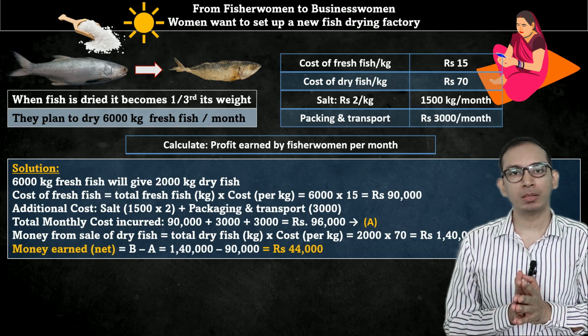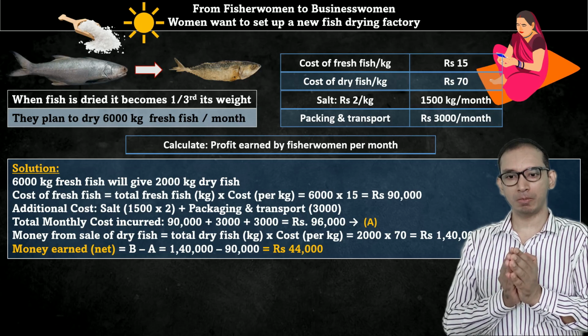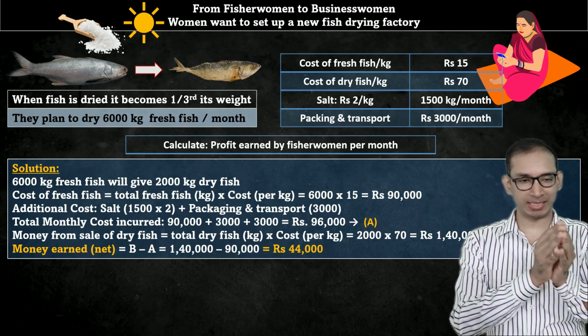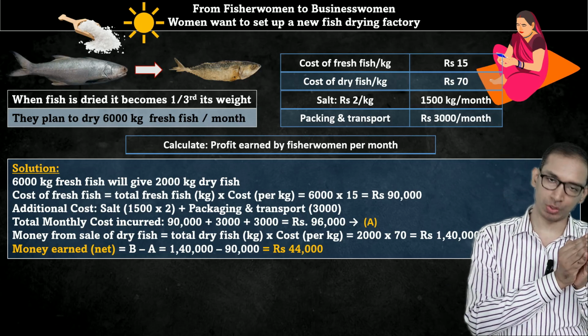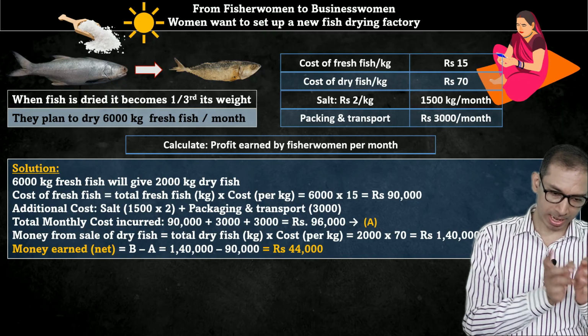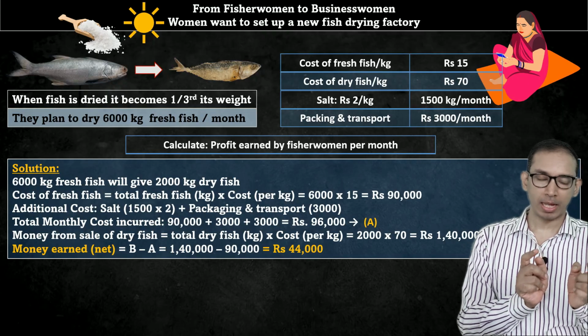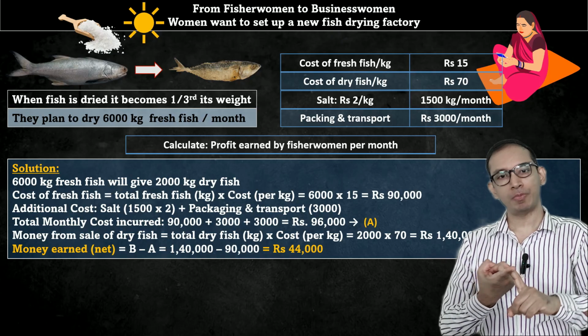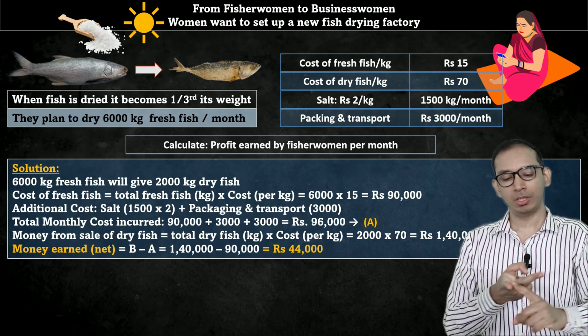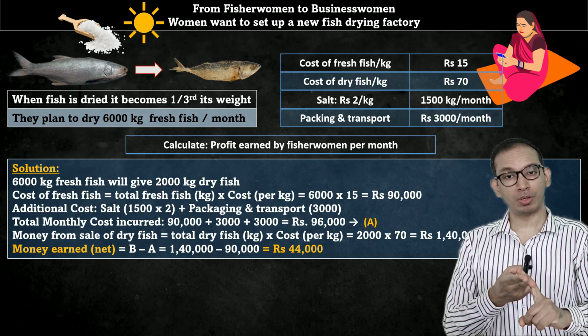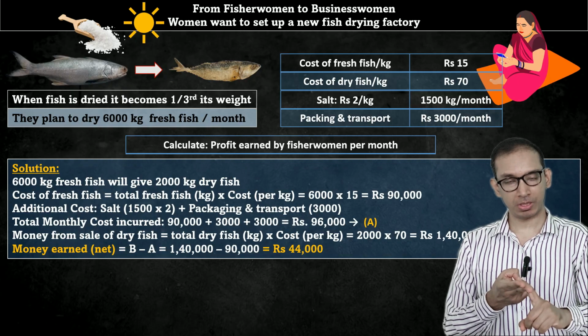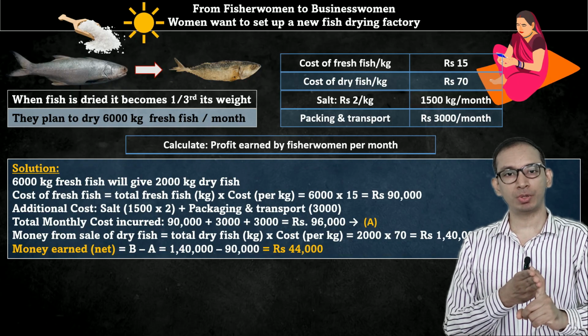So the monthly earnings will be the money that they get from selling the finished product, which is your dry fish. You take that amount and subtract from it the cost of your fresh fish, the money required for processing, and the money required for transport.